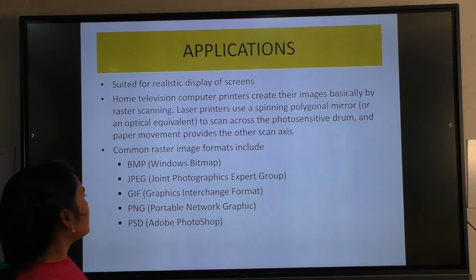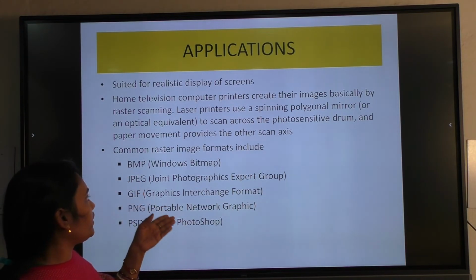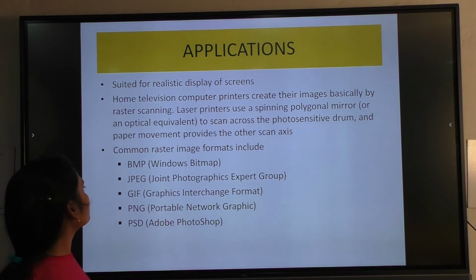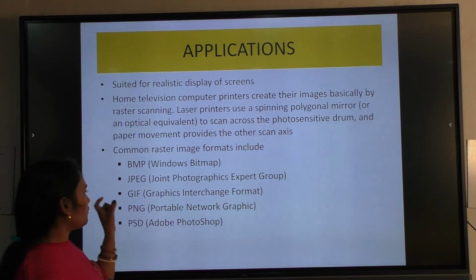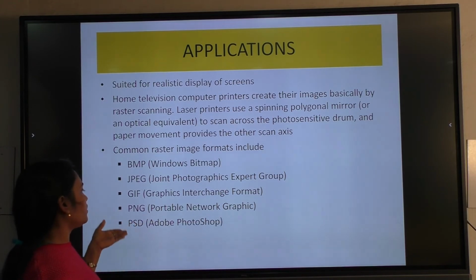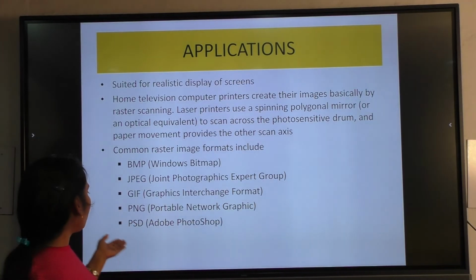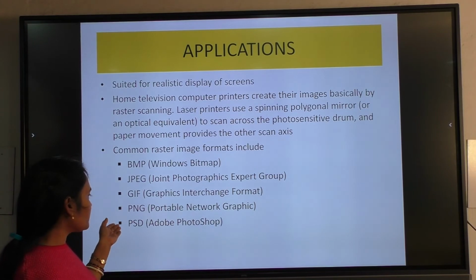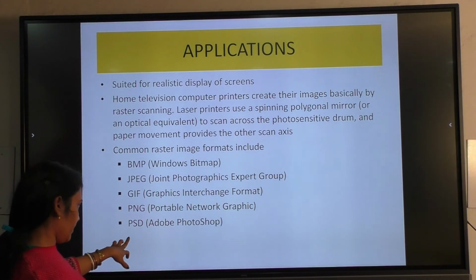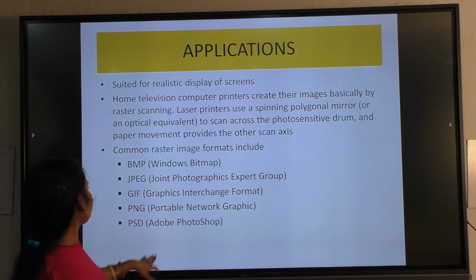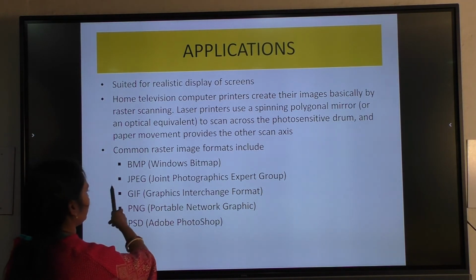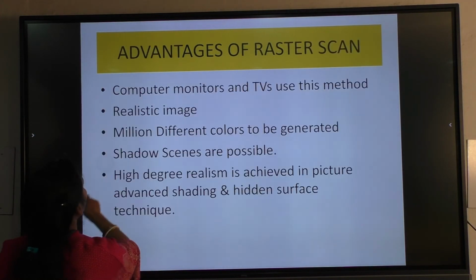In these laser printers, raster scan display is also used. Common raster image formats are .bmp, .jpeg, .gif, .png and .psd. PNG means Portable Network Graphics, PSD means Adobe Photoshop, and BMP, JPEG, GIF, all of you know these.